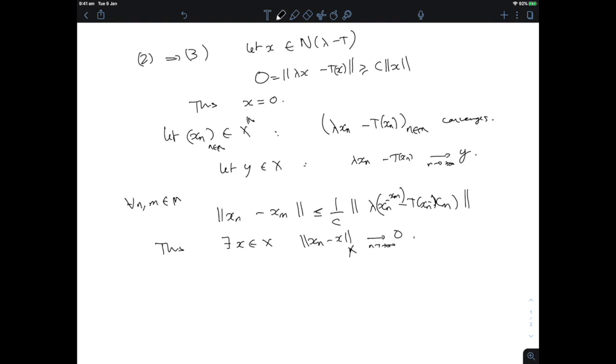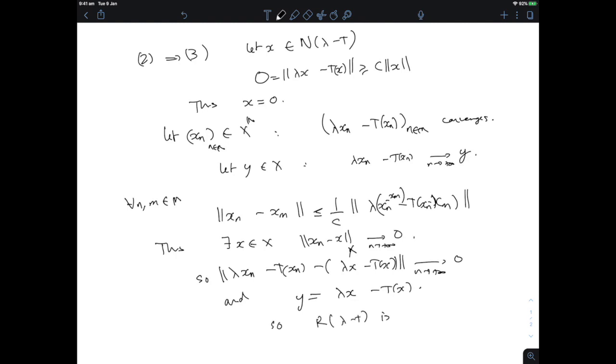But then lambda minus t is a bounded operator, so lambda xn minus txn has to converge to lambda x minus t of x. So the norm of lambda xn minus txn minus lambda x minus t of x has to go to 0. And that gives y equal lambda x minus t of x by uniqueness of the limit. So the range of lambda minus t has to be closed. Right, that proves 2 implies 3.